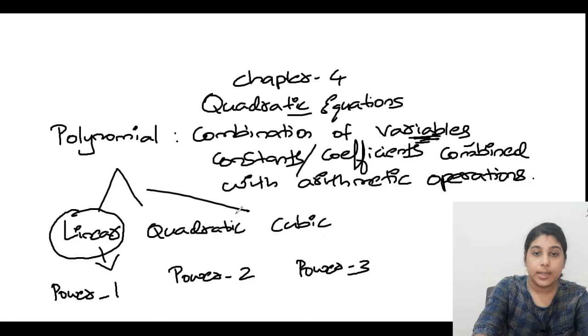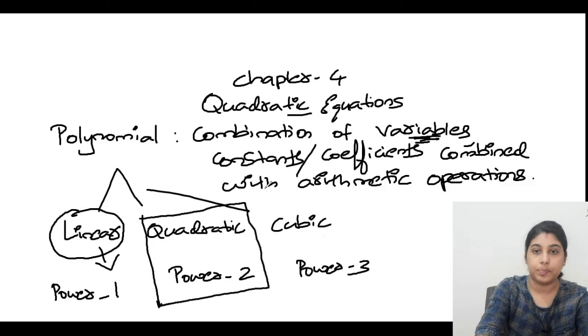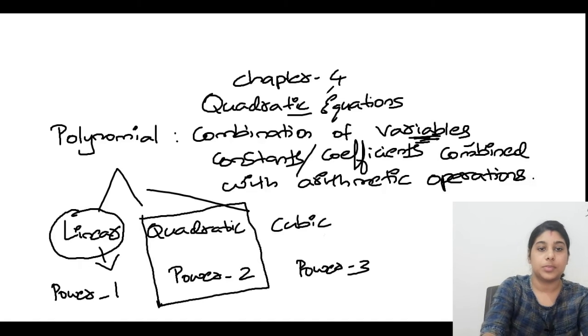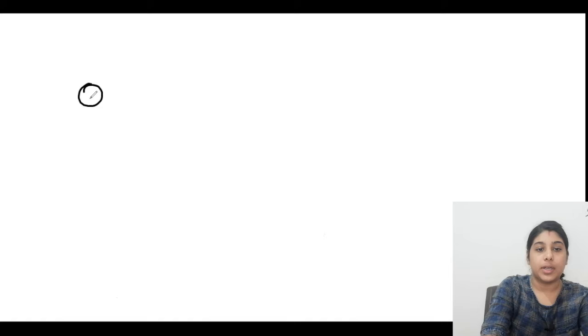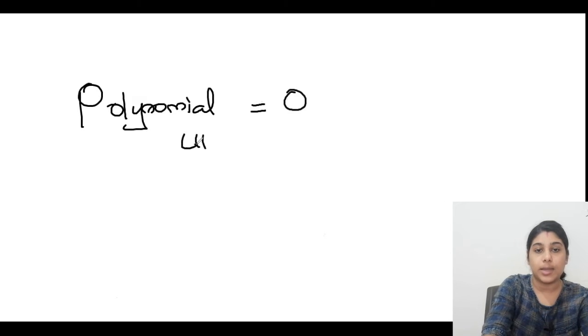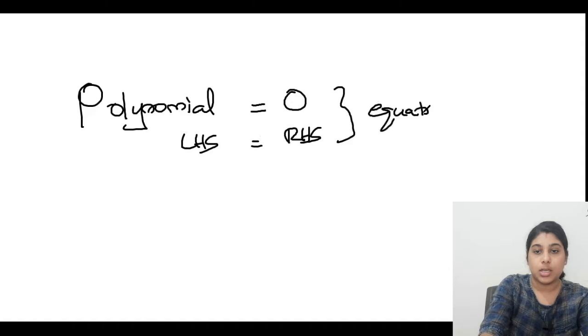Okay. So in our chapter we are going to discuss the power 2 variable, that is the quadratic polynomial. Whenever I equate a polynomial to 0, that means an LHS and also an RHS are there, separated by an equal to sign, we can call it an equation.